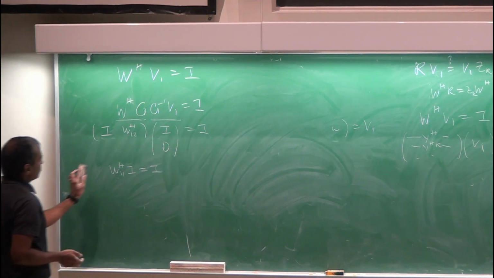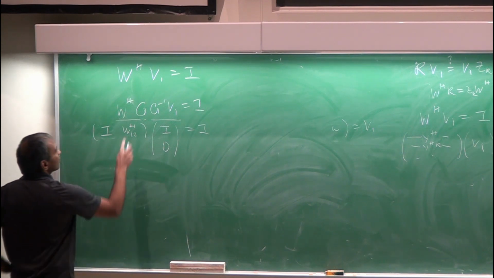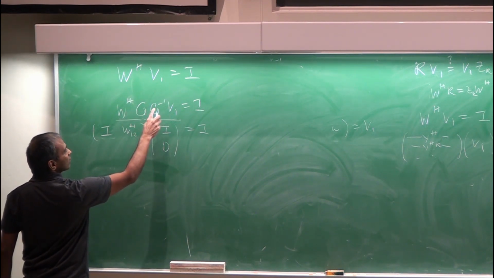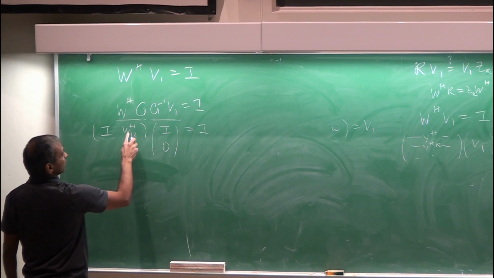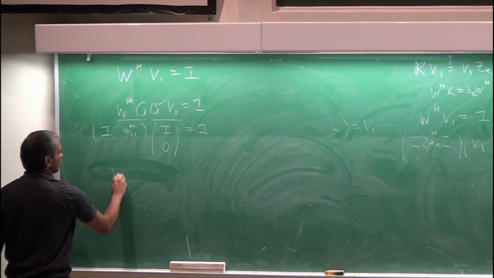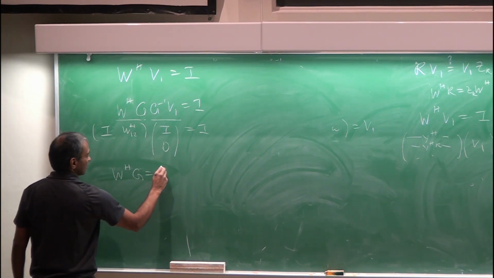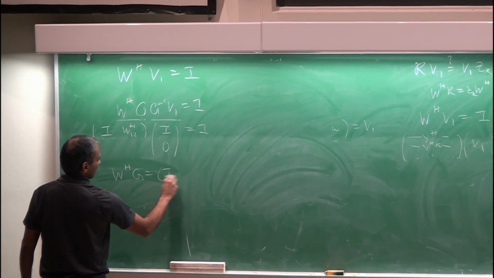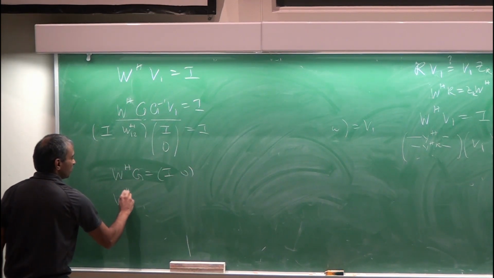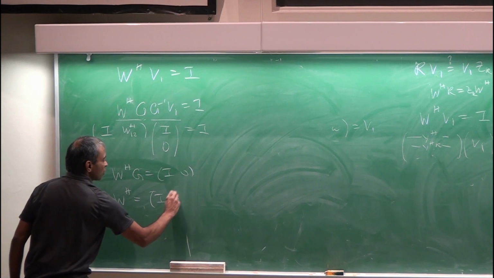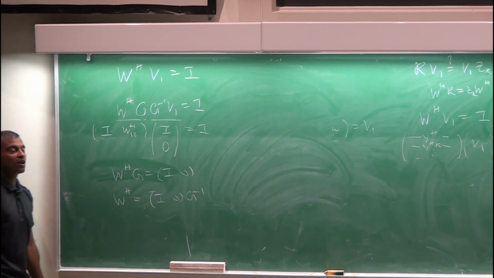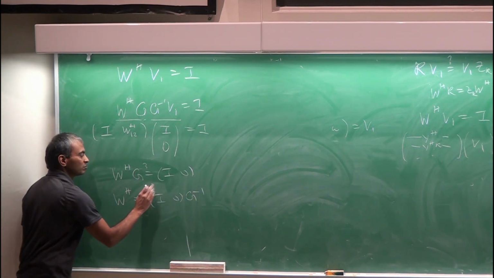Why? Because we want the first few columns of G to be V1, and WH to be identity 0, because we want WH to be the first few rows of G inverse. That's what we would like to have.